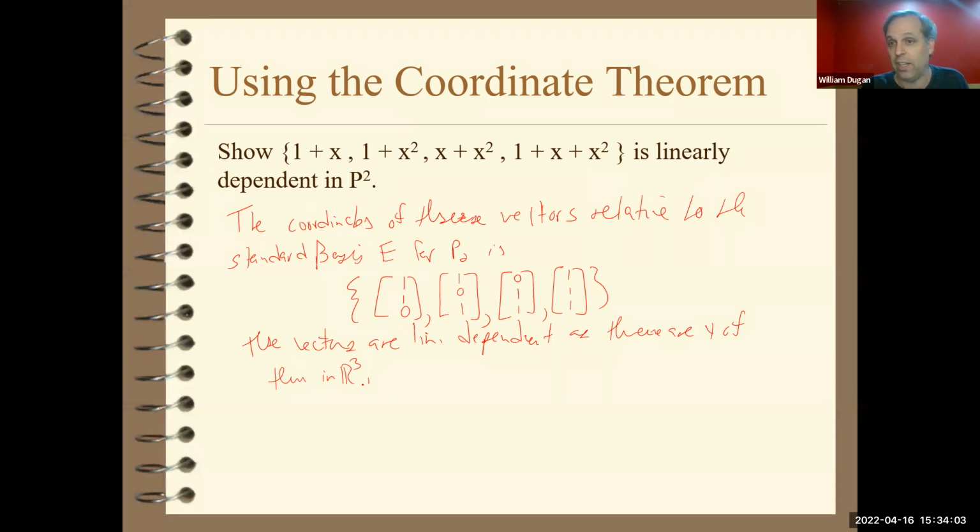Therefore, the original set is linearly dependent also. So by the coordinate theorem, the original set is linearly dependent in P2. Neat, right? So instead of worrying about this weird vector space, we bring everything over to R3. And in R3, we know that if you have 4 vectors in R3, they're instantly dependent.